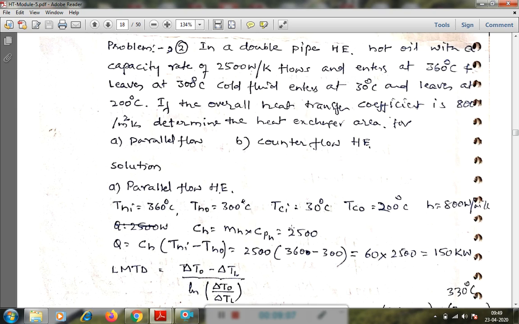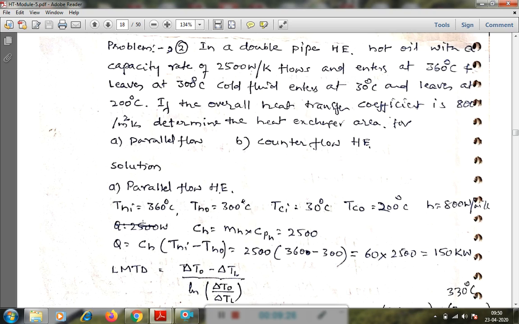First we will write the given data. Here a capacity rate is given. The capacity rate of the hot fluid will be CH, the product of the mass flow rate and the specific heat, MHCpH, that is 2500.